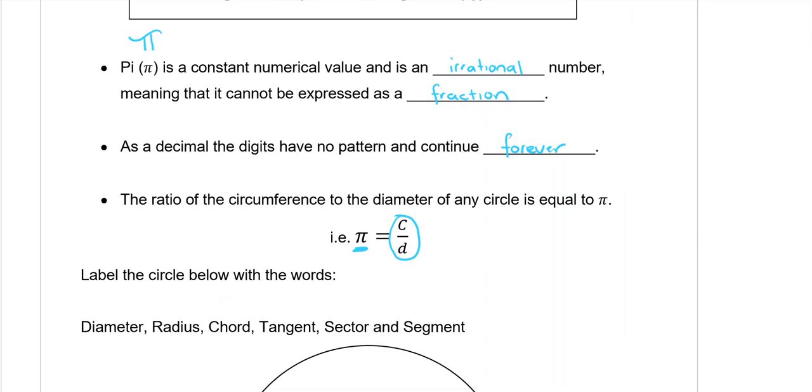For any circle, big or small, didn't matter. If you knew the circumference of the circle and you divide by the diameter, you would always get this number, this 3.14, so on. And as we've gotten better at measuring things, we've been able to get this number for pi more and more accurate over time.